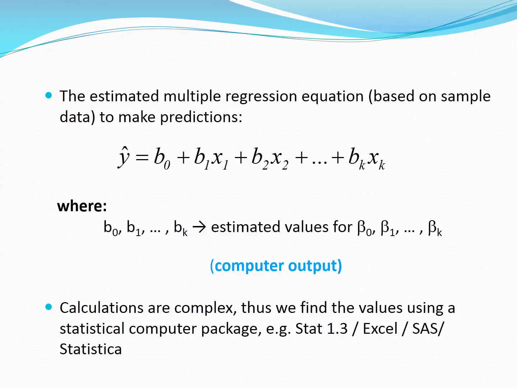Since the calculations are complex, we use a statistical computer package, and there's quite a variety of them, to estimate these values. So you should only be able to interpret the computer output for stat 1.3 that we will use to determine these values.